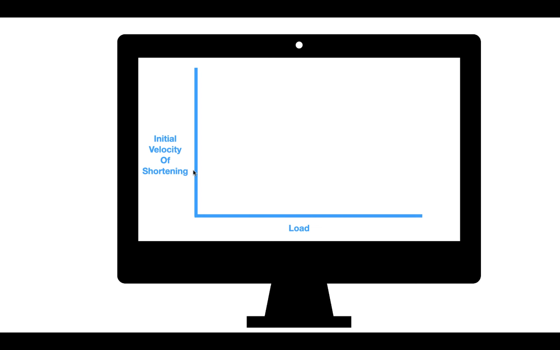So what we're going to do is take a skeletal muscle and attach different size loads to it, and measure how fast the muscle shortens with each of these different loads. So when we do that, we get something like this. What this graph tells us is that as the load increases, or as the weight of the load increases, the initial velocity of shortening decreases.